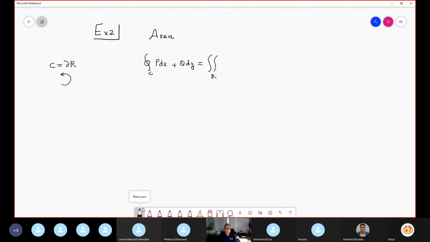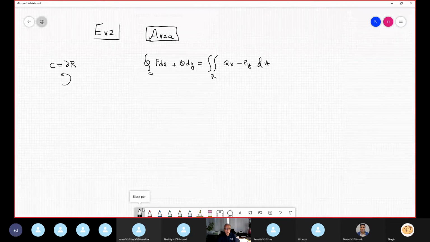And inside here you have the curl, okay? The curl is Qx minus Py dA. Suppose I want to compute area. Well, a fantastic way to compute area is using a double integral, but the integrand function should be 1, no? So I enforce the situation. Okay, the integrand function is 1.